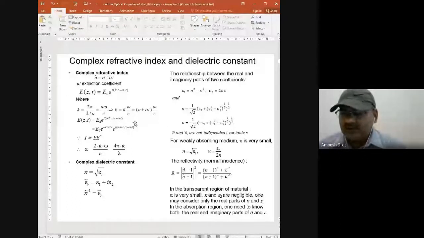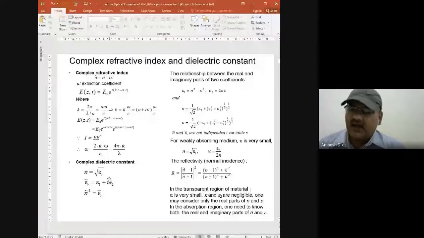I substitute this and take out the real part and imaginary part. So E0 is e to the power minus k omega z over c, which is a real component, meaning k is the extinction coefficient, but this i and this i make it a real component. Whereas n still goes with this i, so that part will be the complex exponential factor, right?